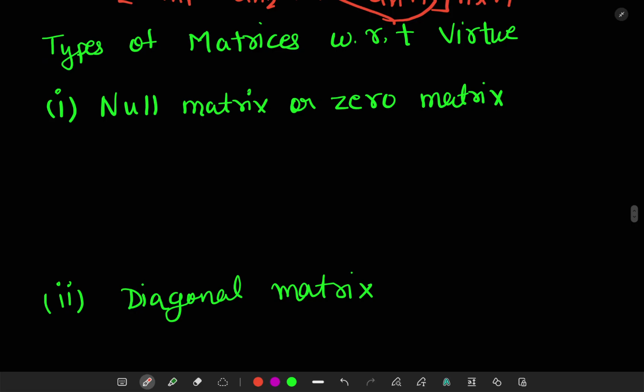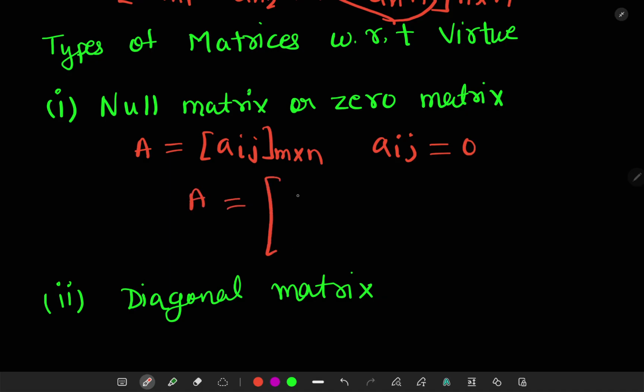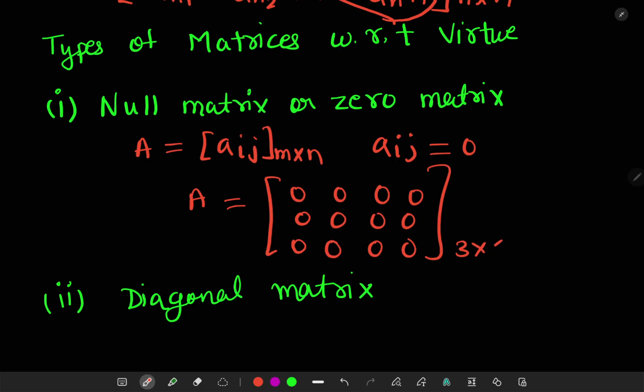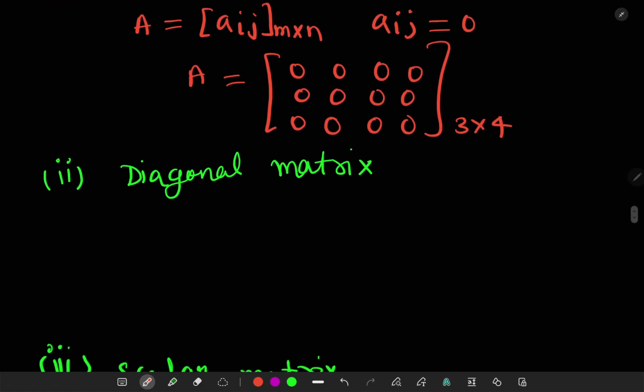Now types of matrix with respect to value. Number 1 is null matrix or zero matrix. If a matrix A is equal to Aij of order m into n, and Aij is equal to 0, it means all elements of the matrix are 0, for any order.